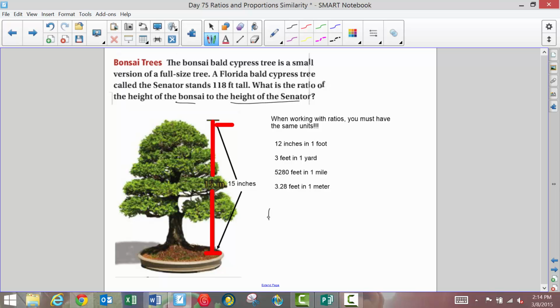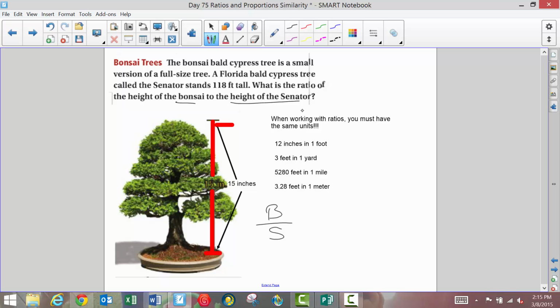So I want the bonsai height compared to the height of the Senator. So there's my fraction, there's my ratio. In my question, bonsai comes first, therefore it's the numerator. Senator comes second, therefore it's the denominator.